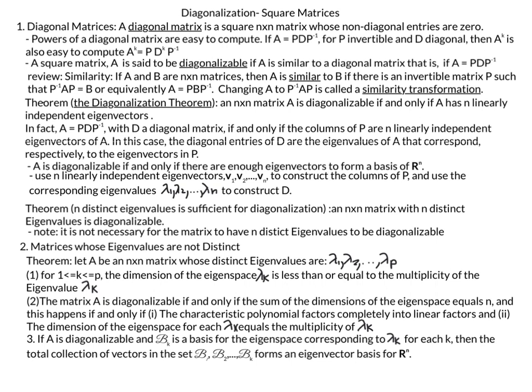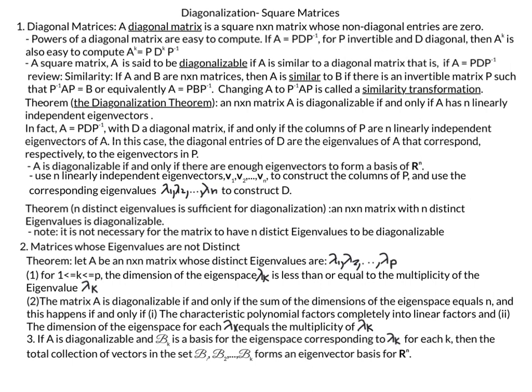Using our definition of similarity, which we'll review, A will be equal to an invertible matrix P times our diagonal matrix D times P inverse. From there, we have several theorems to tell us when a square matrix is diagonalizable.